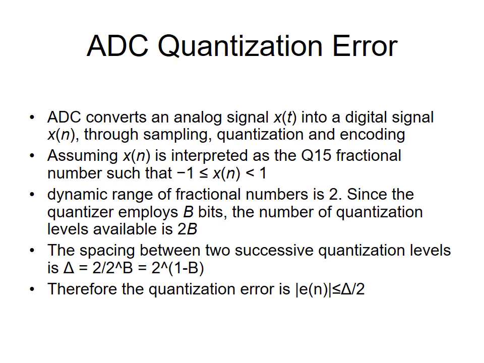Since the quantizer employs b bits, the number of quantization levels available is 2^b. The spacing between two successive quantization levels is delta, equal to 2 divided by 2^b, that is 2^(1-b). So the quantization error is |e(n)| <= delta/2.